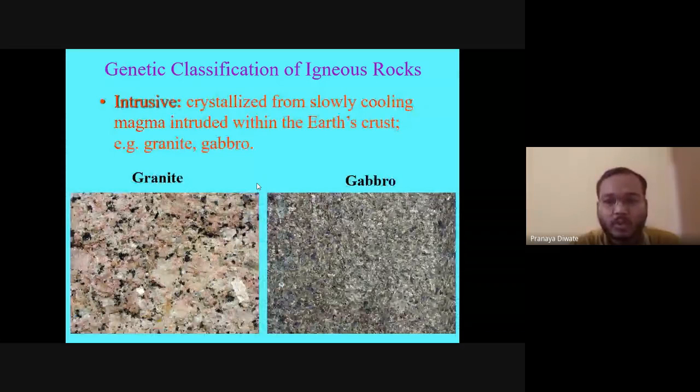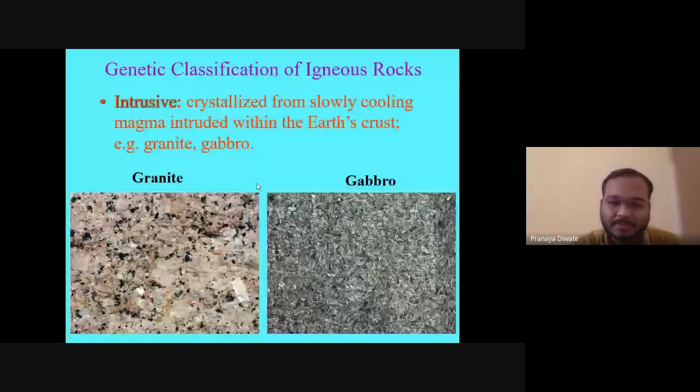That's why it is called an intrusive rock, and intrusive rock forms good-shaped crystals. The crystals look pretty good in shape, and the size of the crystals is also large. This is how intrusive rock is formed.